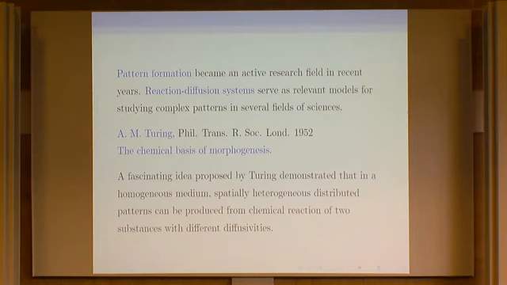There's a very fascinating idea proposed by Turing. Basically, you realize in a homogeneous medium, a spatially heterogeneous distributed pattern can be produced from the chemical reaction of two substances with different diffusivity.